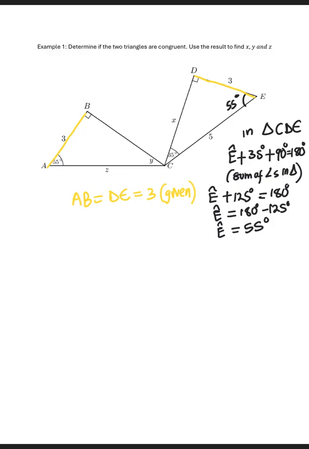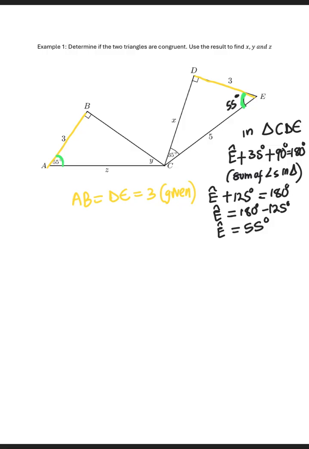And then the next thing that we see is the angles. We see that we have an angle of 55 here, and we also have another angle of 55 here, right?